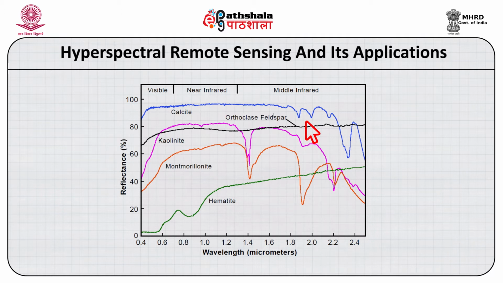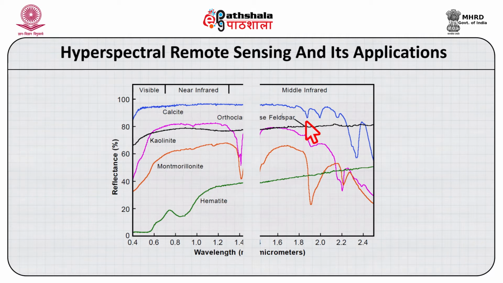So my summation is that if you want to differentiate, separate out and identify different minerals, you have to have data from hyperspectral sensors, which sense in several hundred narrow bands.